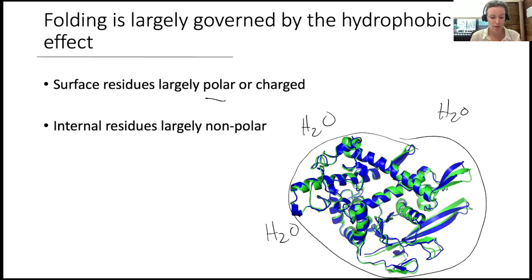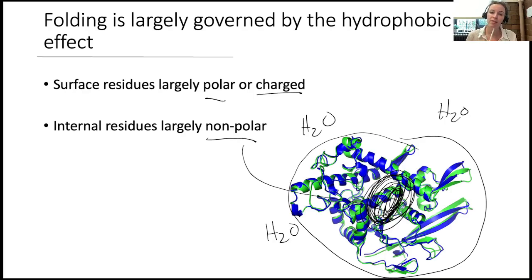So we'd expect polar amino acids that can do dipole-dipole or hydrogen bonding with that water, or charged amino acids that can do some ion-dipole interactions with the water, maybe forming some nice hydration shells. All of the internal residues that are hidden away from water we would expect to be non-polar. So think of these as forming kind of like the core of this protein.